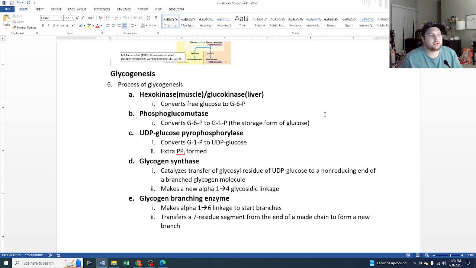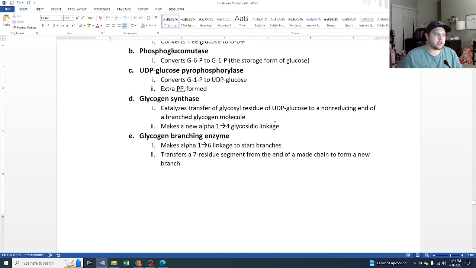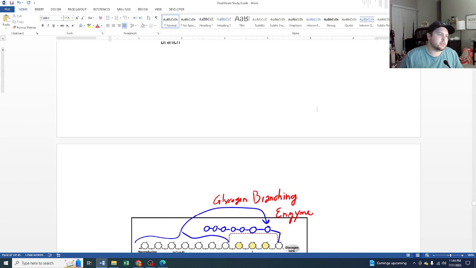Glycogen synthase is then going to catalyze the transfer of the glycosyl residue of UDP glucose to a non-reducing end of a branched glycogen molecule. And that makes a new alpha-1,4 linkage. There's another enzyme called the glycogen branching enzyme, which makes that 1,6 linkage.